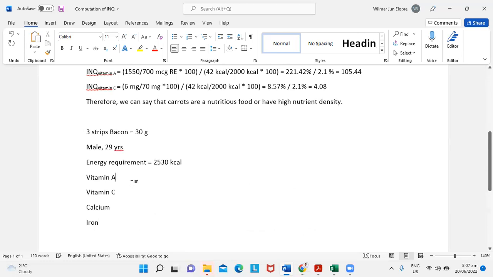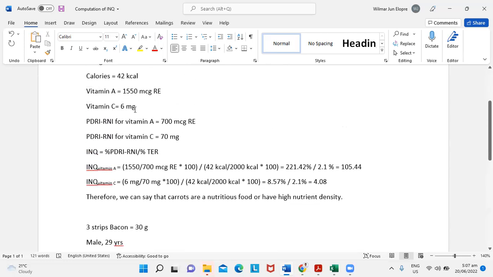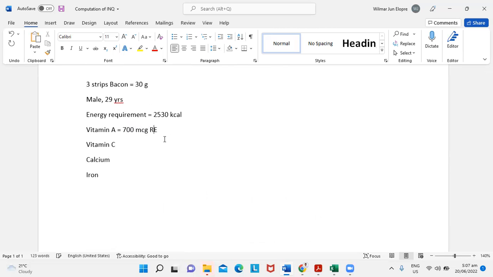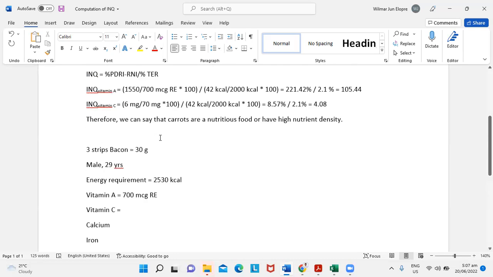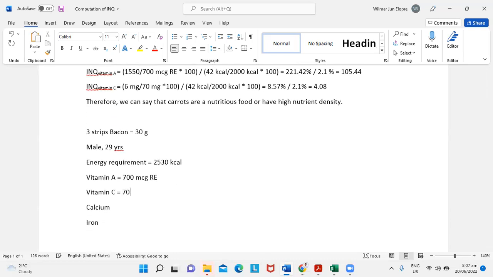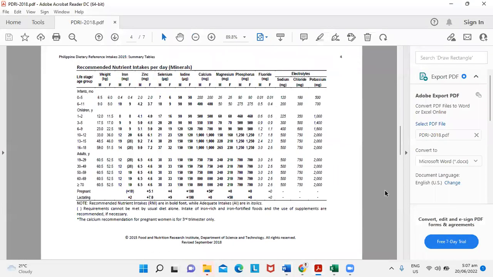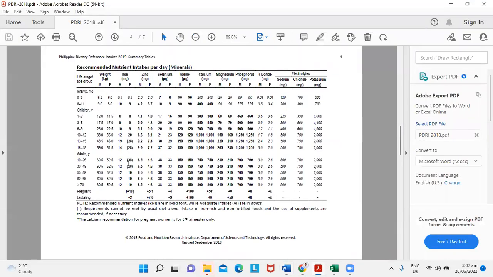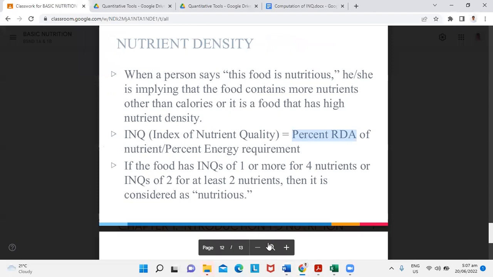Ato sa i-derive siguro ang mga RNI ani nila. So, for vitamin A, again, copy ra nato diri kay same raman, 700 micrograms RE. Then, ang vitamin C is 70 milligrams. Sa calcium is 750. Okay, 750. Then ang iron is 12. Okay.